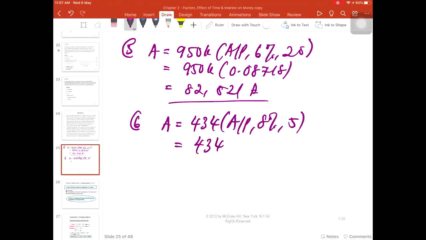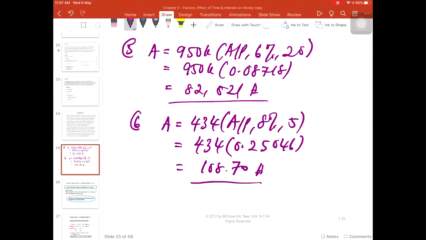Refer to the table in the A/P column, 0.25046, and then you will get 70. Make sure that the answer has RM, don't leave it out. Sometimes it is USD, rupee or rupiah, please.